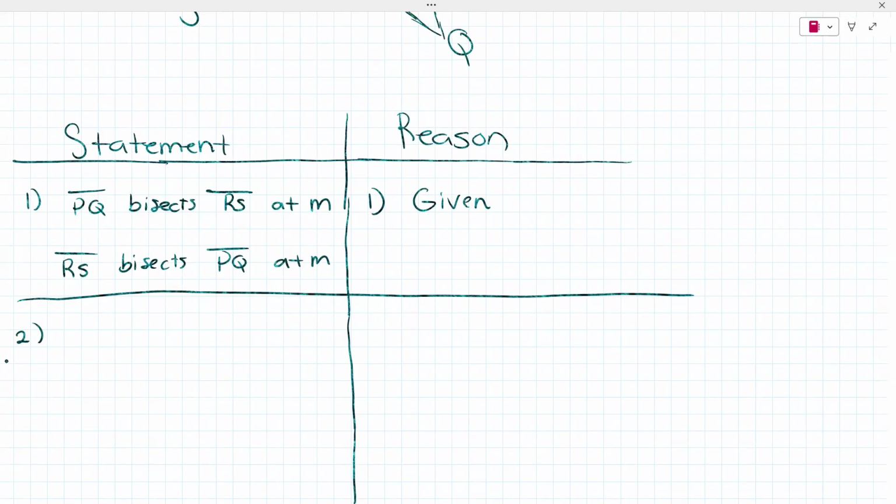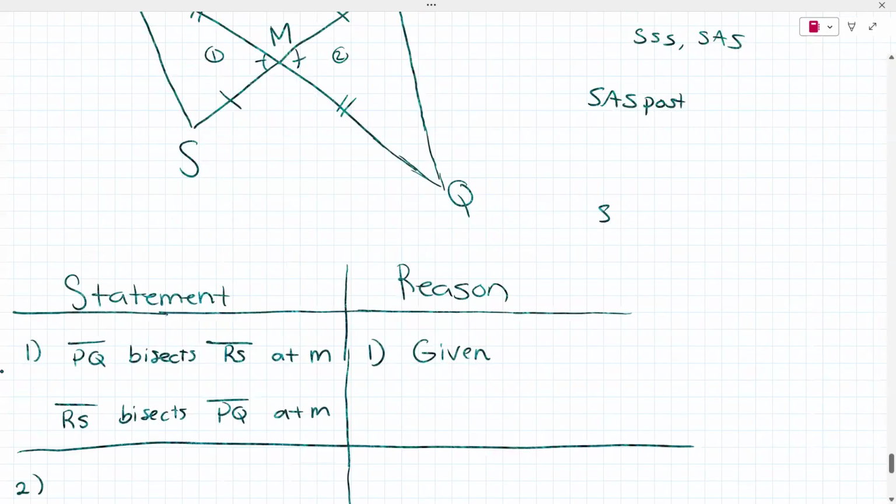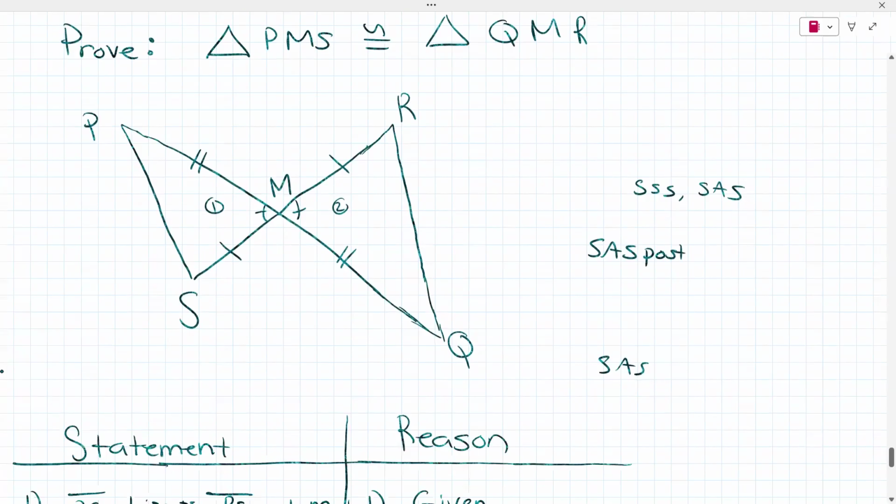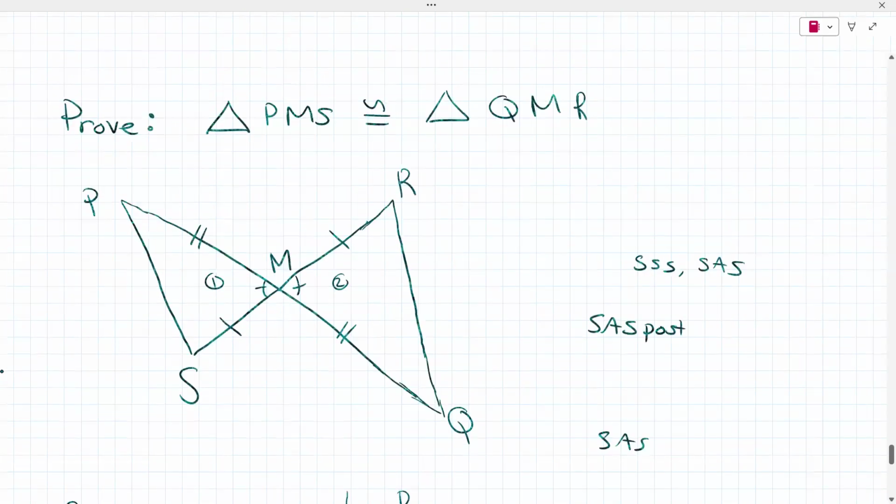What would be another reason? So we're saying that it's side angle side. Could we also say that M is the midpoint of PQ? Here is PQ, M is the halfway point, or the midpoint, and M is also the midpoint of RS.